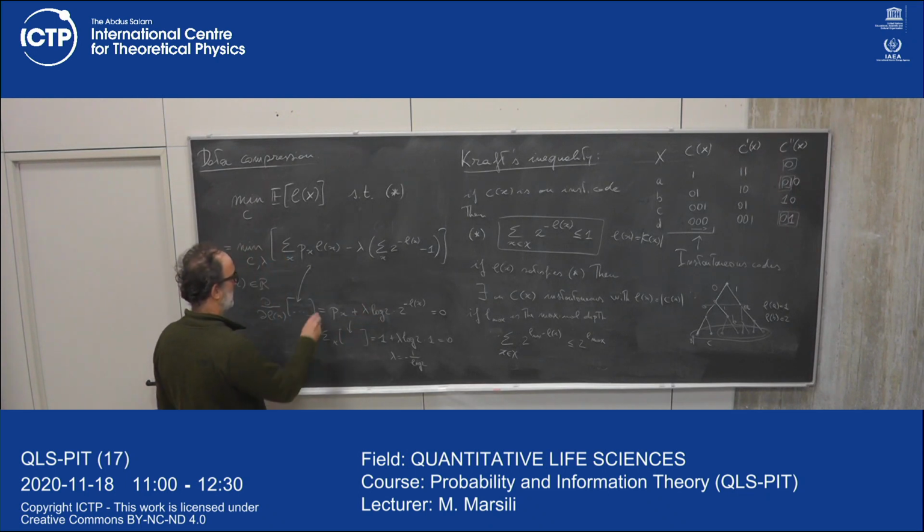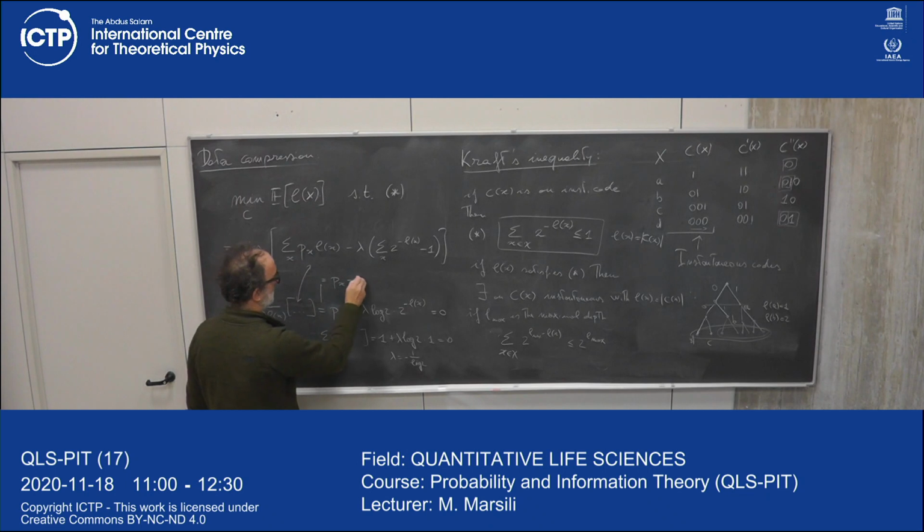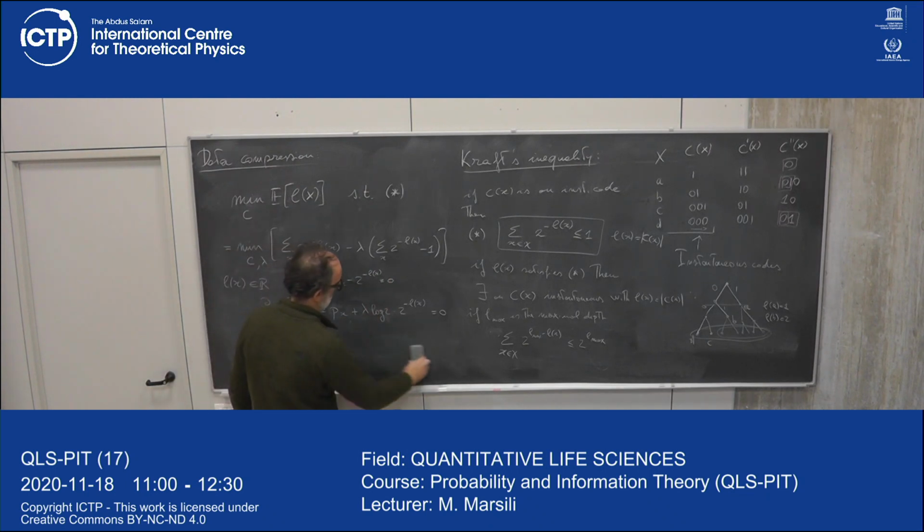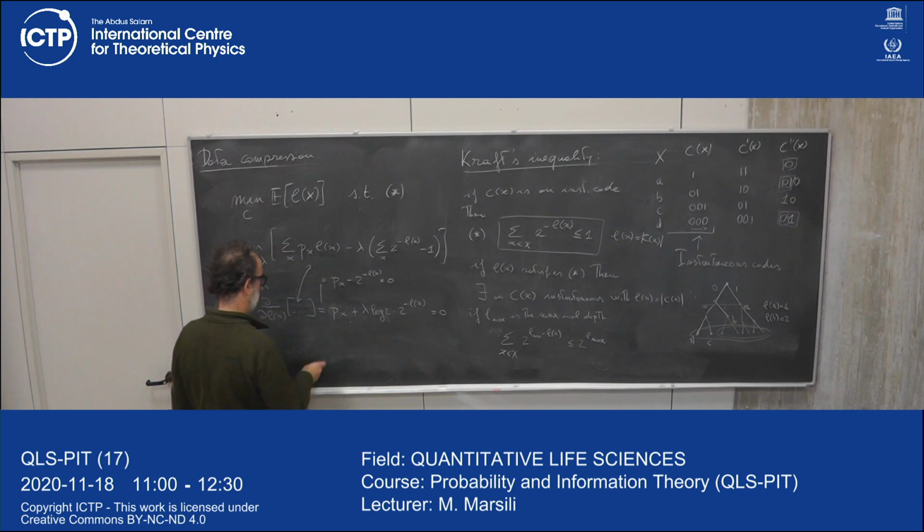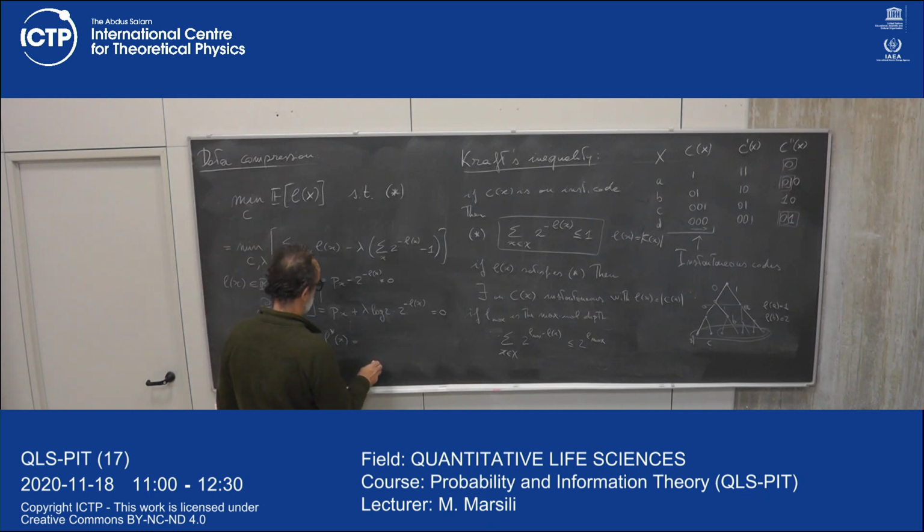Okay, so then this equation means that P of x minus 2 to the minus L of x is equal to 0, or that L star of x is equal to minus log base 2 of P of x.